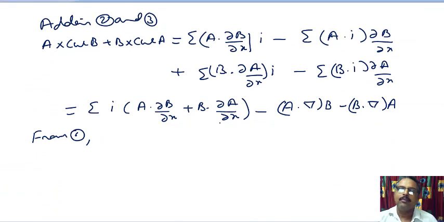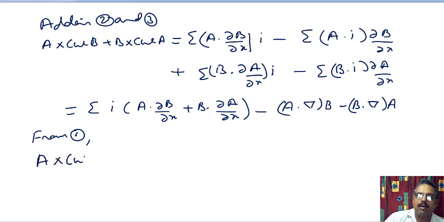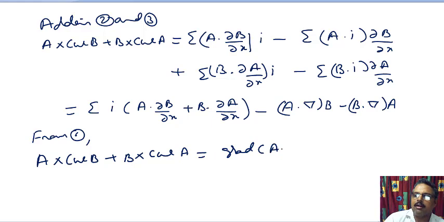So the left hand side is A cross curl B plus B cross curl A equals the gradient of A dot B. The remaining two terms are the same, A dot del B minus B dot del A. Fine.